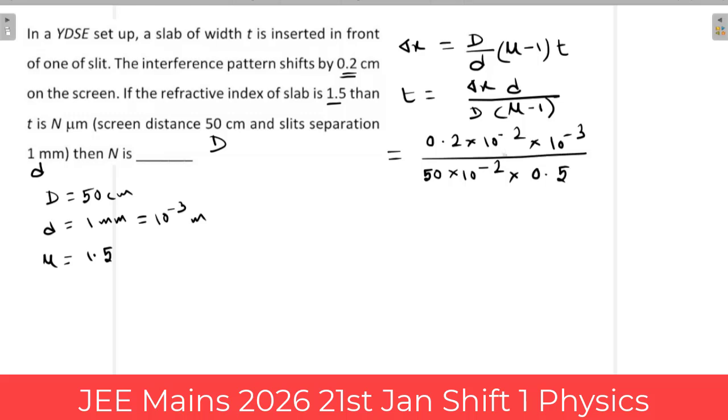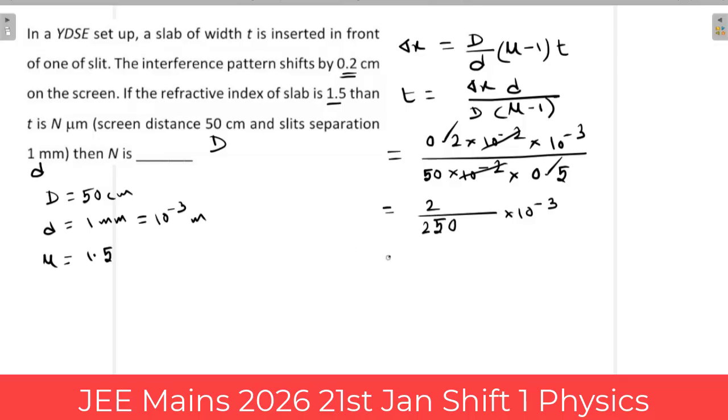So 10 to the power minus 2 cancels with 10 to the power minus 2. So it basically becomes 0.2 into 10 to the power minus 3 divided by 0.5 into 50, which is 25, into 10 to the power minus 3.